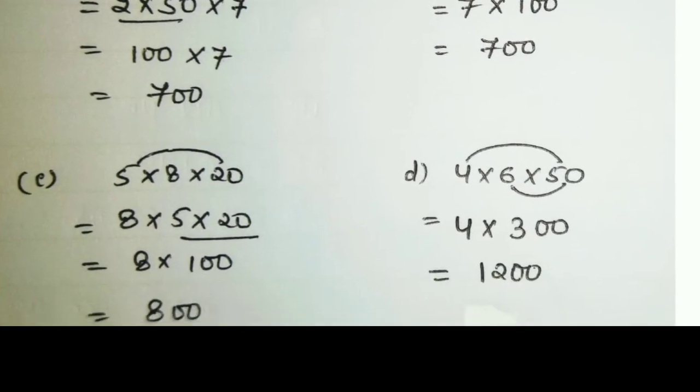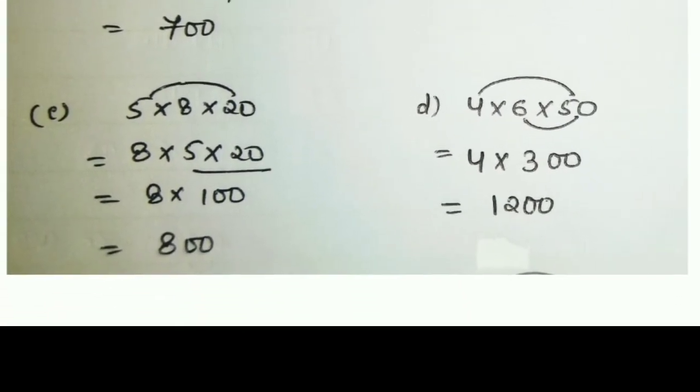See, two more questions. 5 multiplied by 8 multiplied by 20. So 5 multiplied by 20 we get 100. So like this we can write together. Then 8 into 100 is 800. Next, 4 into 6 into 50.